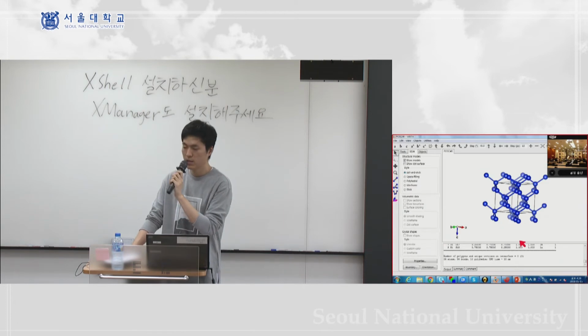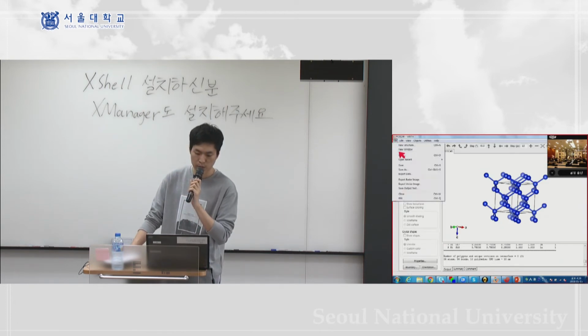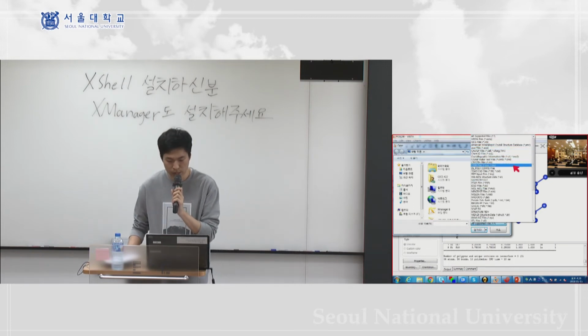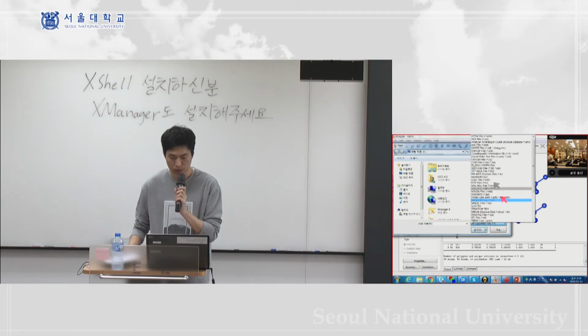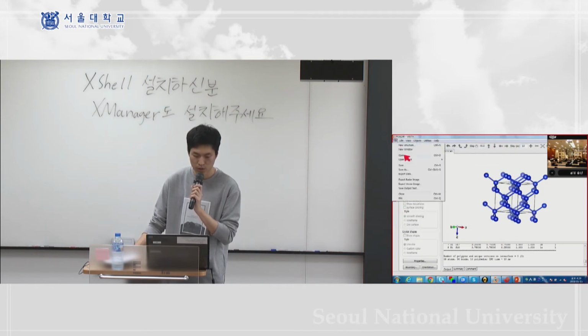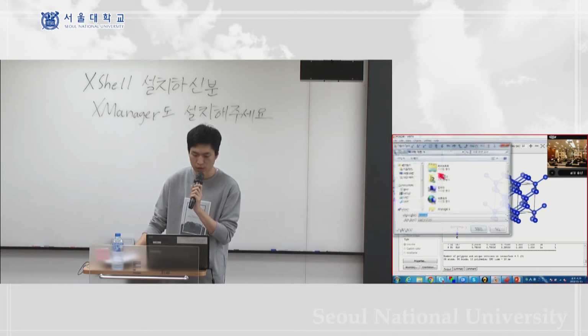Also, with this VESTA, we can read not only POSCAR files, but other various formats. For example, there is the CIF format, which is Crystallographic Information File format. If we open that structure file using VESTA, then we can export this data into other formats.